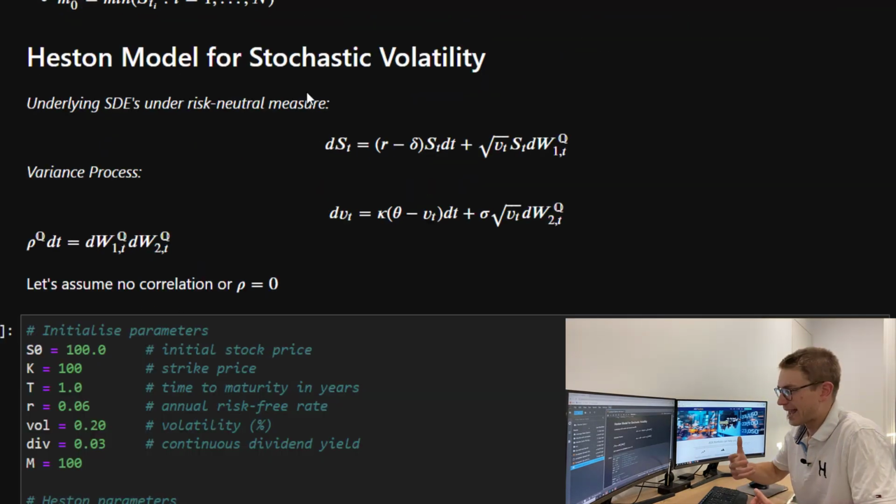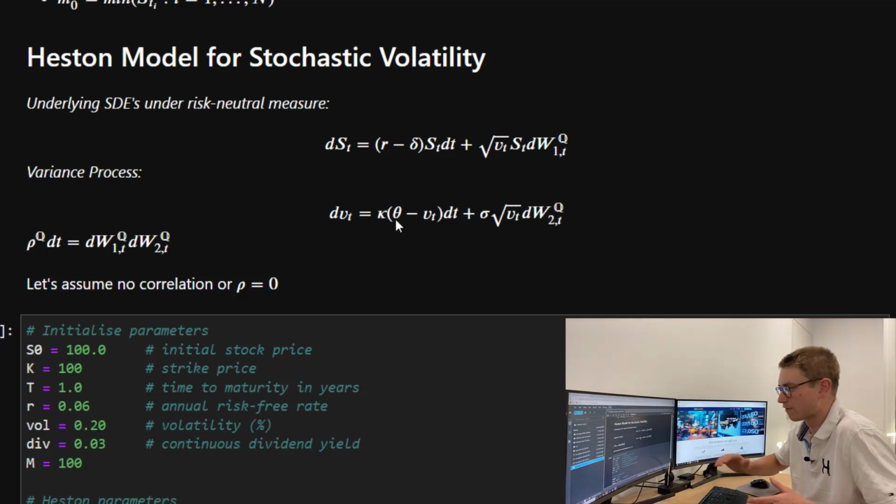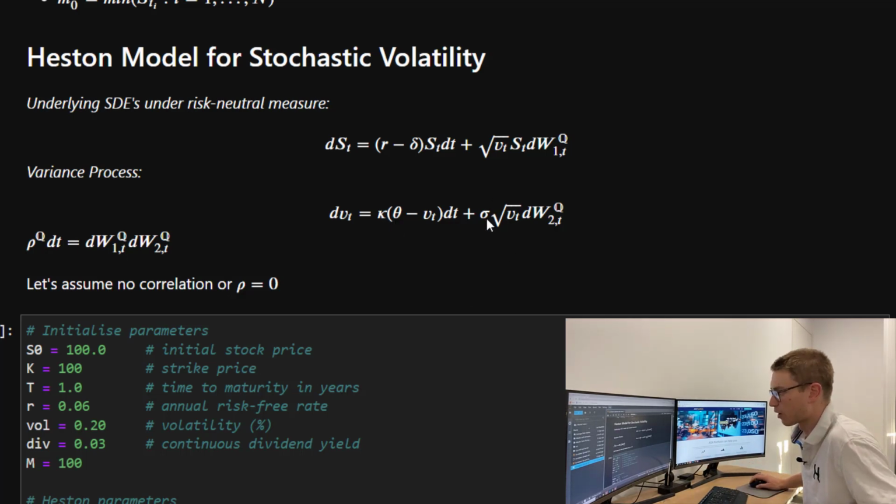So we're going to be using the Heston model to actually get this stochastic volatility within our Monte Carlo simulation. So here, remember, we're modeling the square root variance process. Here we've got the underlying SDE under the risk neutral measure, where we've got our deterministic component and our diffusion component. Now the diffusion component, the square root variance process that we're modeling here, and we've got our rate of mean reversion, we've got our theta, which is our long run variance, and then we've got sigma, which is the volatility of volatility.